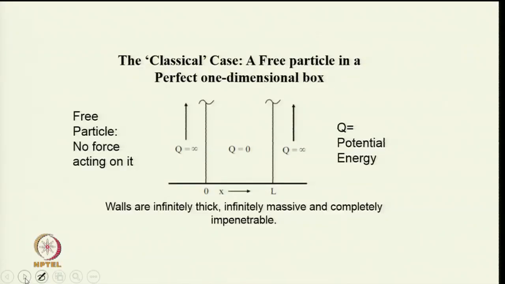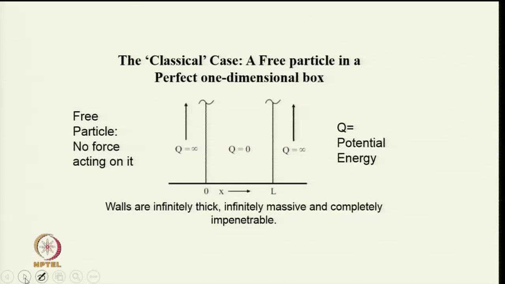So, let us first think of a classical case, a free particle in a perfect one dimensional box. You are talking about a big system, for example a racquet ball, and you are trying to look at its behavior in a one dimensional box.